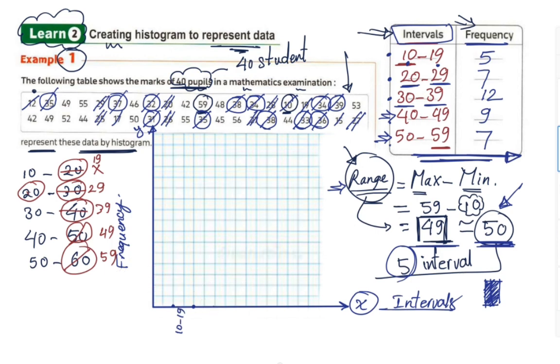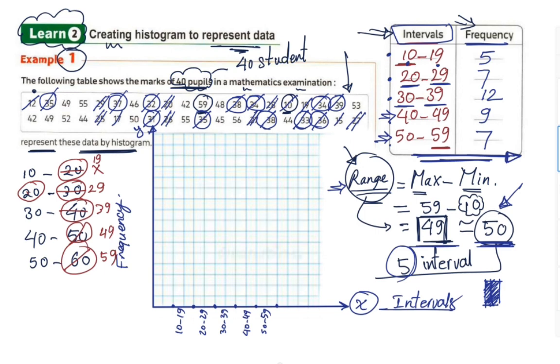The next 2 columns, 20 to 29. Next 30 to 39. Next 40 to 49. Last 2 columns will be 50 to 59. Okay, now I drew my intervals.